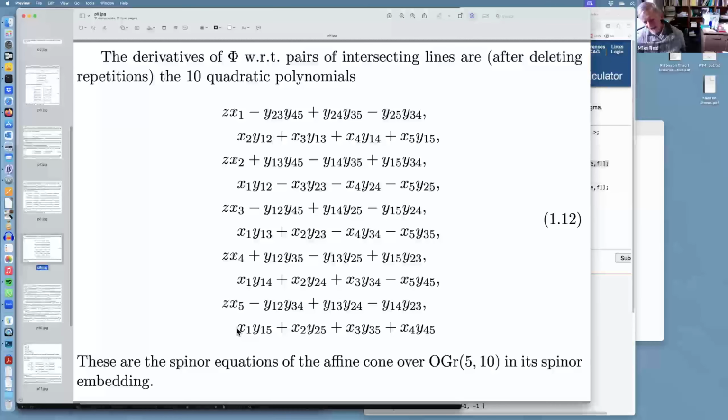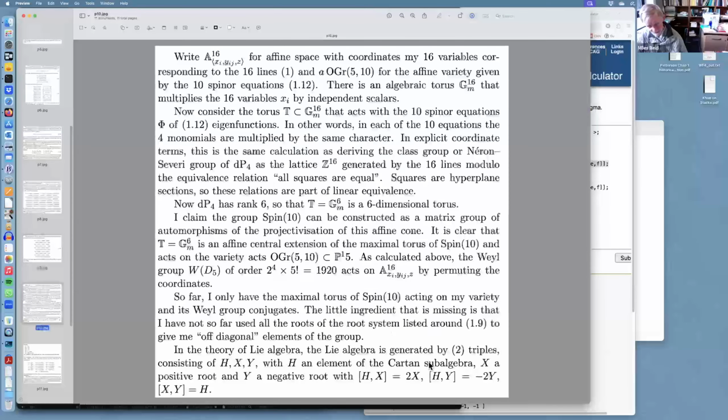Yes? And then if I take spec of the ring x1 up to x16 divided by these 10 equations, I get the affine cone over the Grassmannian. Or if I take not the spec, but the proj, I get the projective variety. Yes?